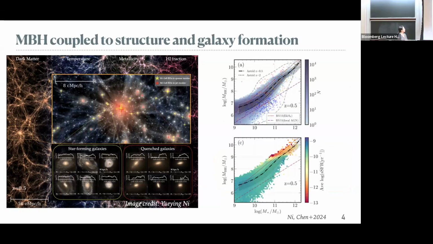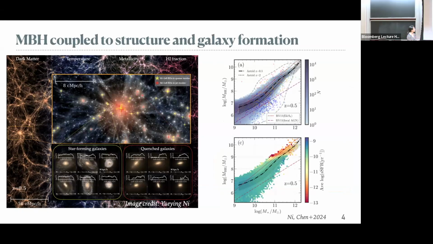And so this is basically one of the scaling relations that we produce from all of this complex modeling. As with a few other cosmological simulations, one of the things you typically expect to see is first the correlation between the galaxy mass and the black hole mass.